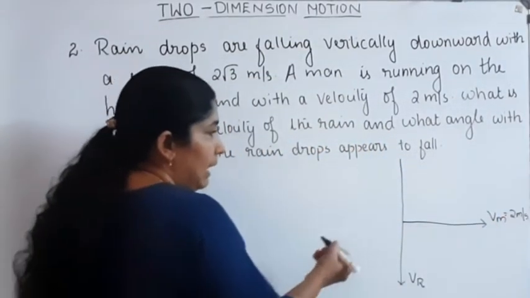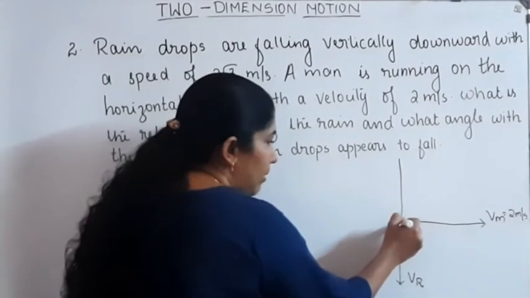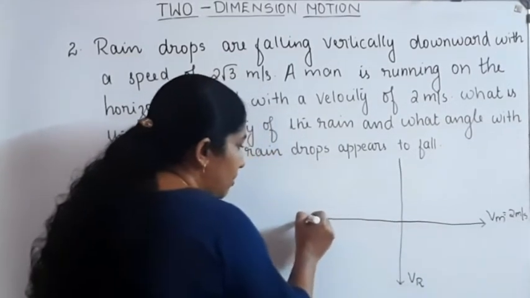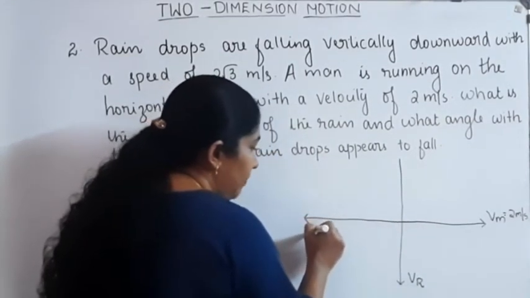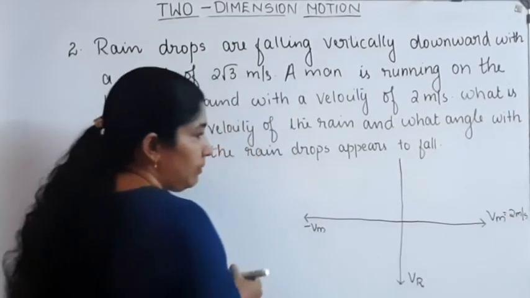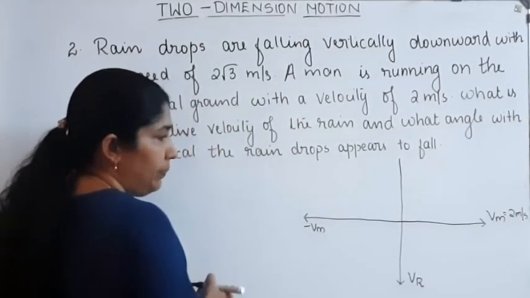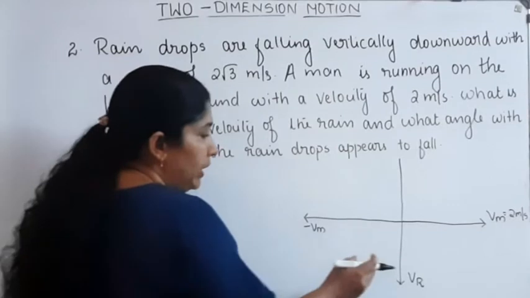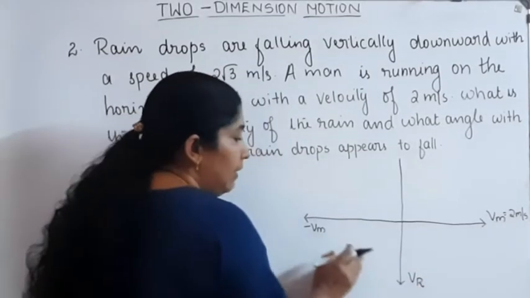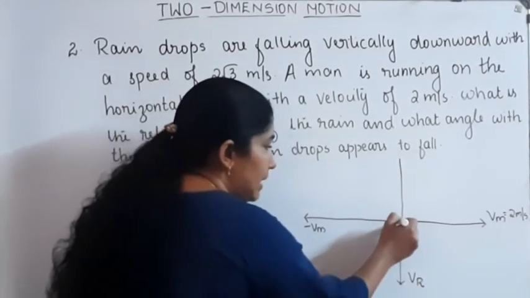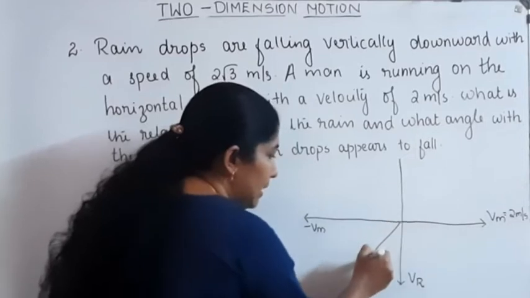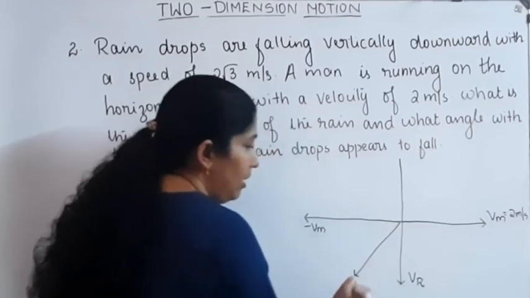To consider the relative velocity in two dimensions, we take minus Vm. Minus Vm is in this direction. Then the resultant velocity is in this direction.